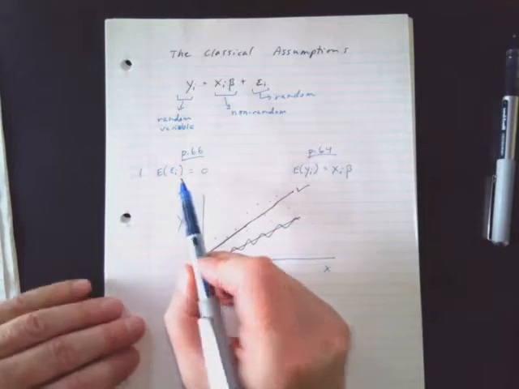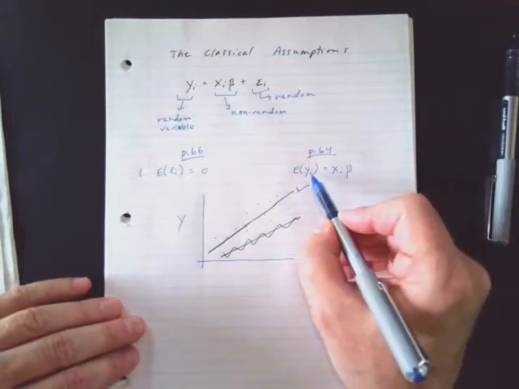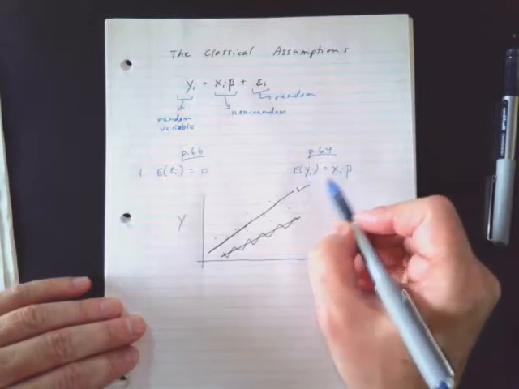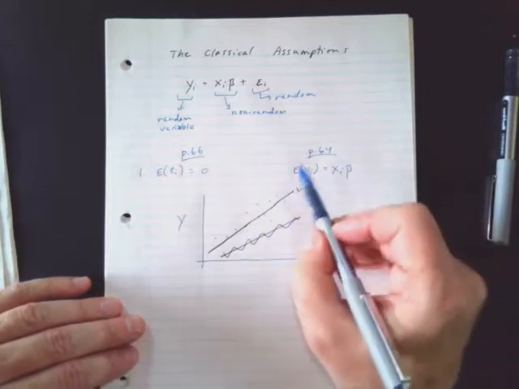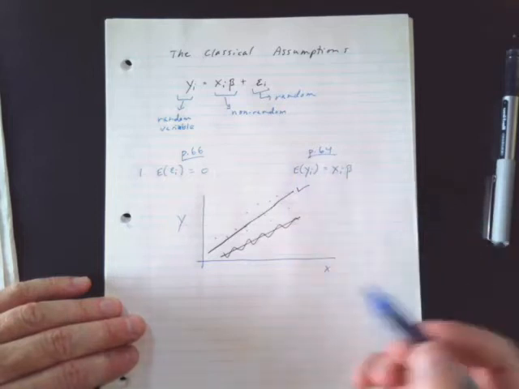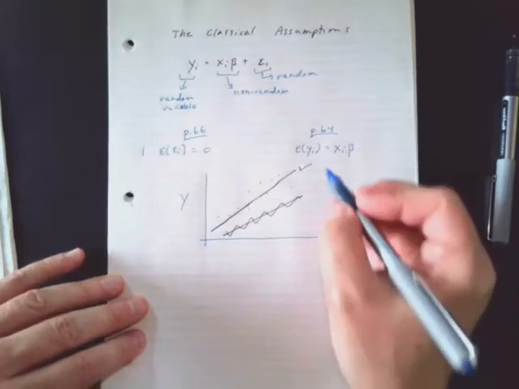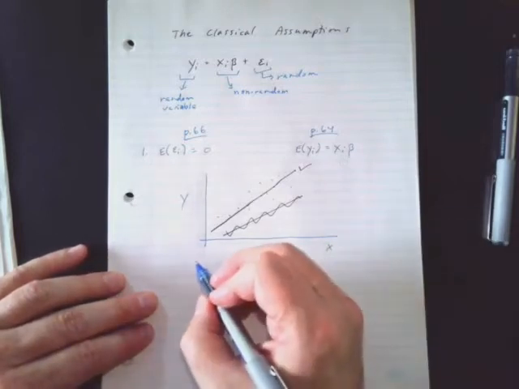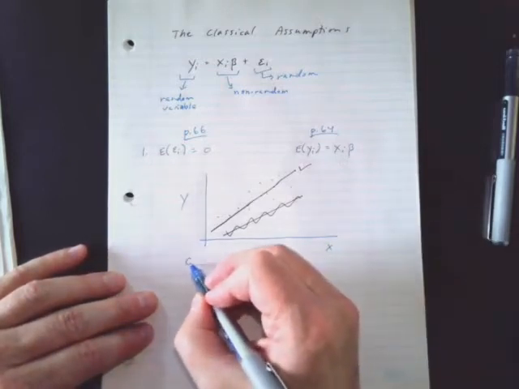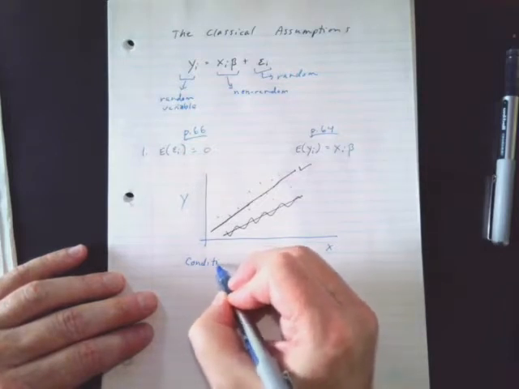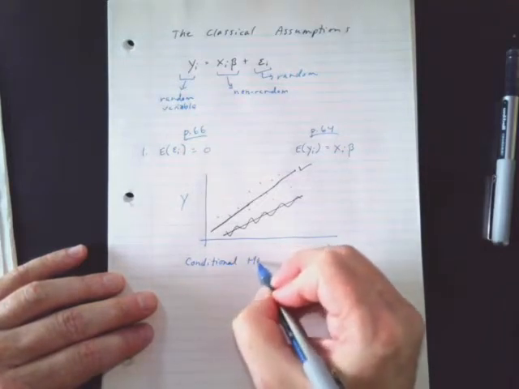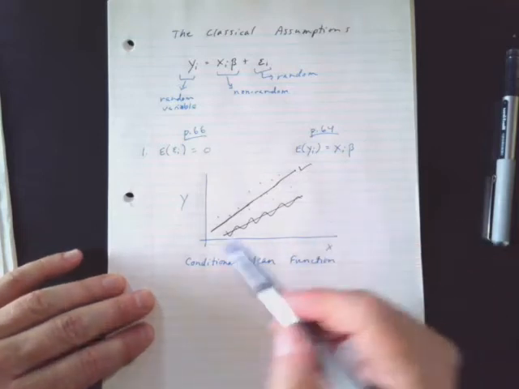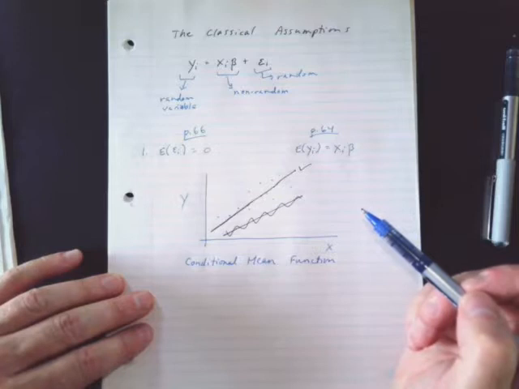And because the expected value of the error term is 0, that means the expected value of y is a point on the regression line. One of the terms, I think it appears in the textbook, but if not in this textbook, the term is conditional mean function. A regression line is a conditional mean function.